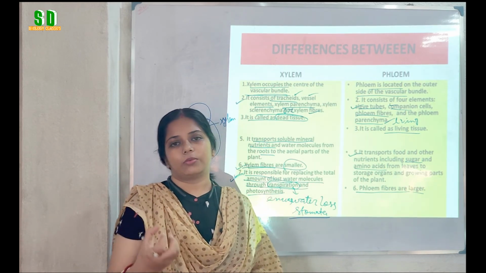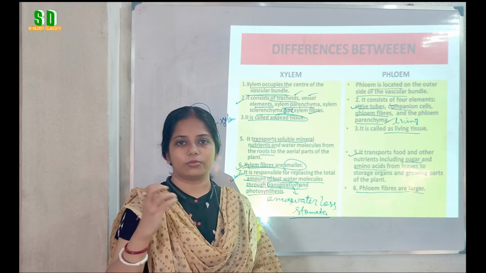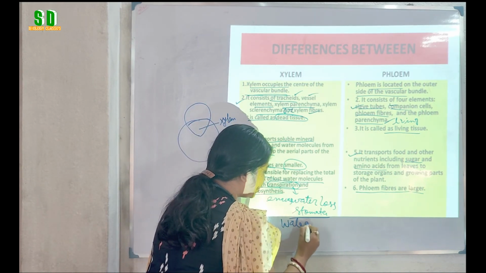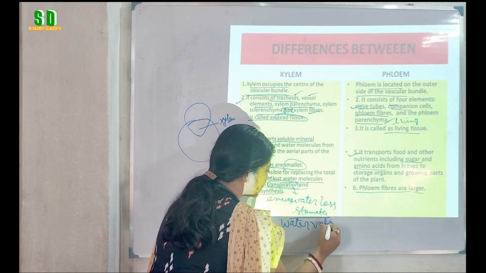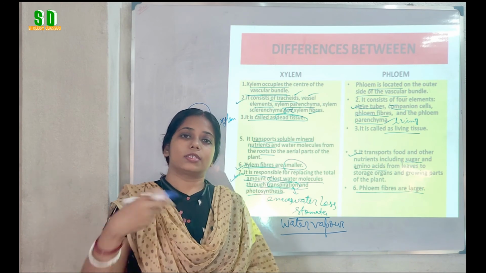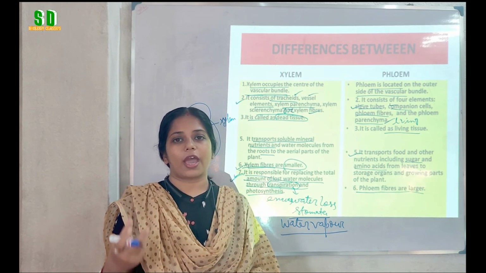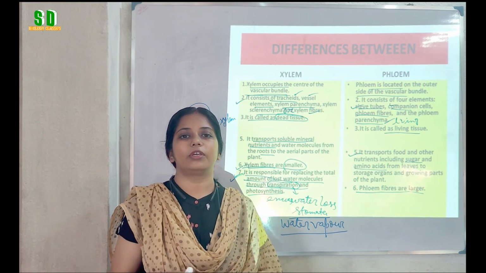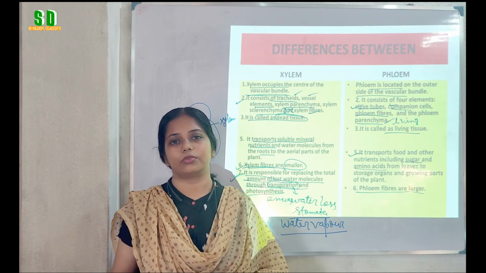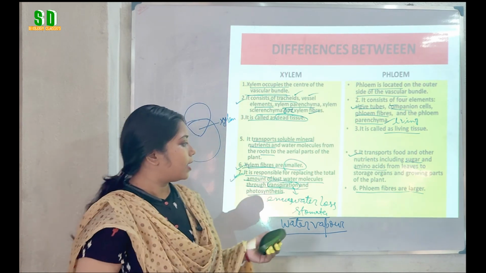So the water is given out from the stomata in the form of water vapor, and this process is known as transpiration. So there is this water scarcity in the leaf, and this scarcity can be fulfilled as the water is conducted through the xylem tissue from the root to the leaves.